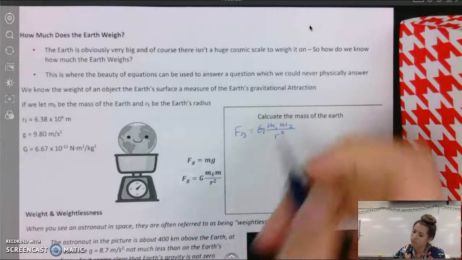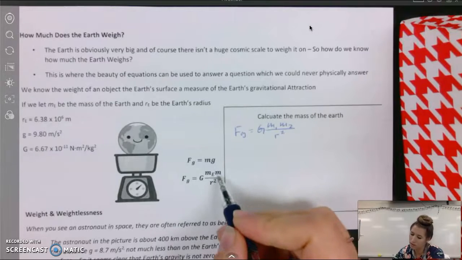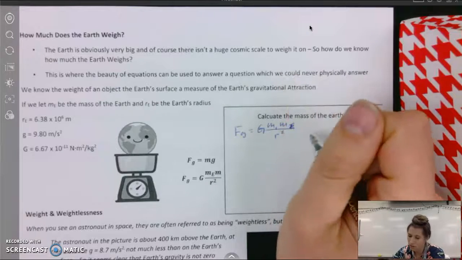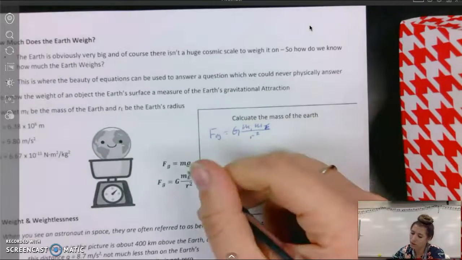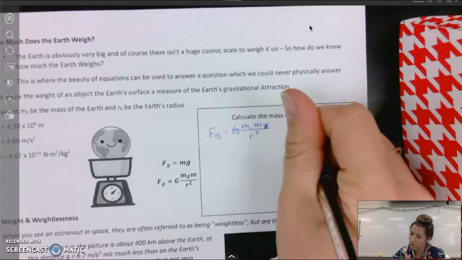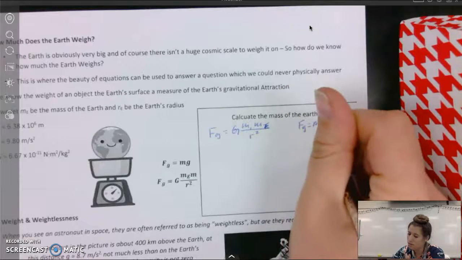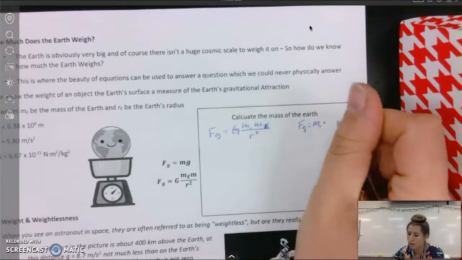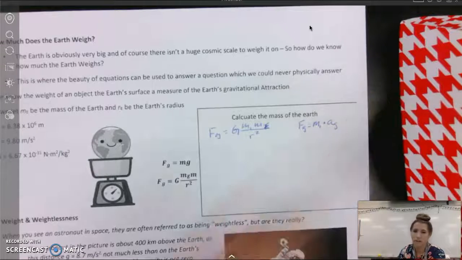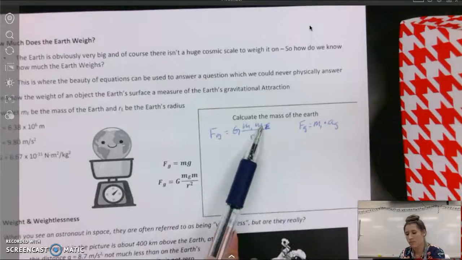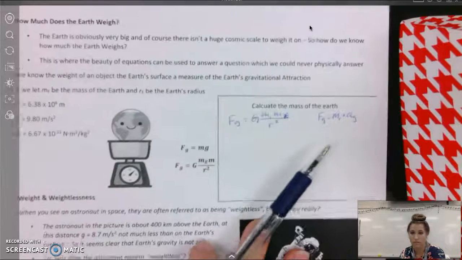What if m1 is just the mass of an object and m2 is the mass of the Earth? And we know that force due to gravity, just in general for Earth, is mass of the object, which we're calling m1, times it by g, or that acceleration due to gravity, that 9.81. How can we combine those and calculate for mass of the Earth?